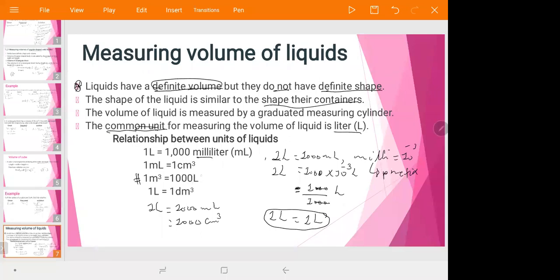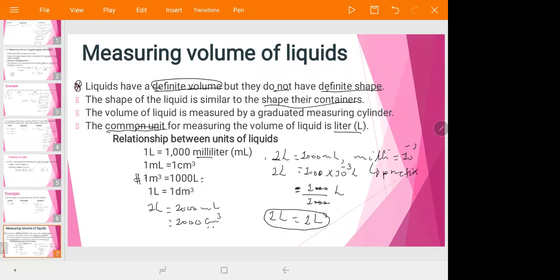Therefore, what about 1 meter cube when you change into centimeter cube? Try to understand the relationship between them, okay? When you change this into liter, you will get 1 million centimeter cube. We have seen this in our previous time.